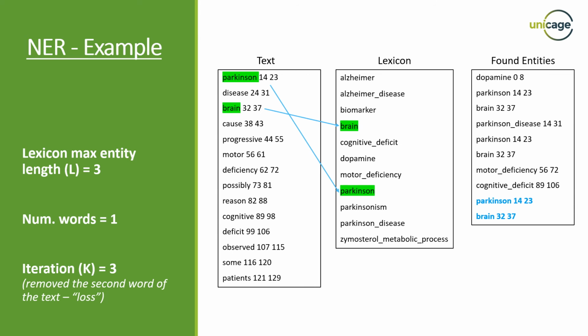And now, the value of k is increased to 3, so we have to remove the second word of each clinical case, which in this example is the word loss. The join command then identifies the entities, and this process will repeat 2 more times before it ends.